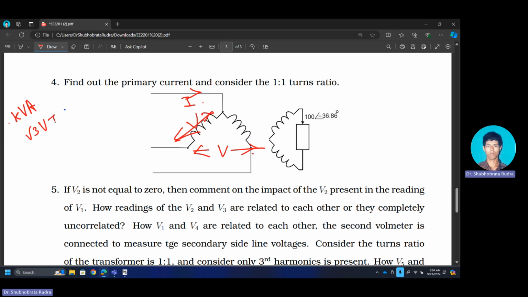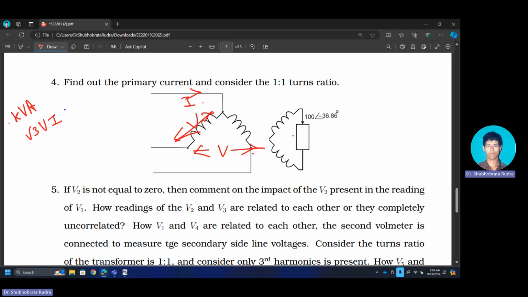So root 3 V I, the line current. Now what we can write here is that this side is root 3 V I.